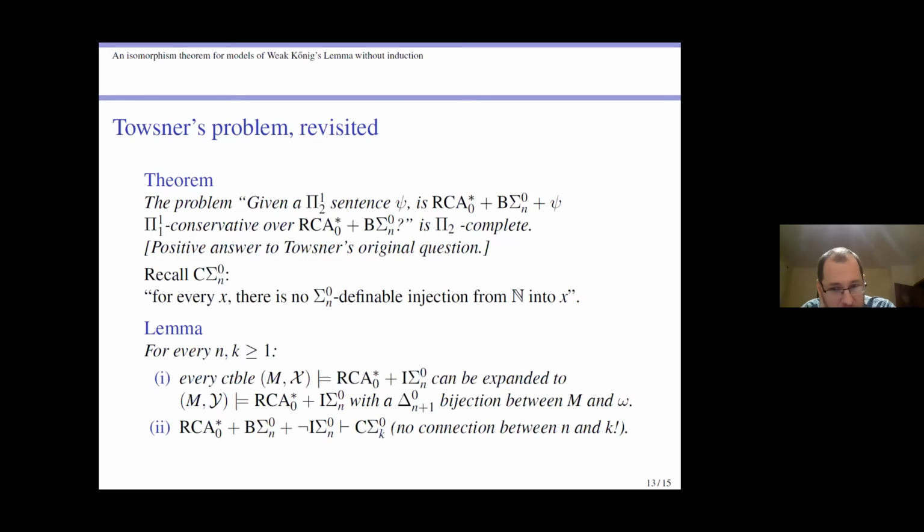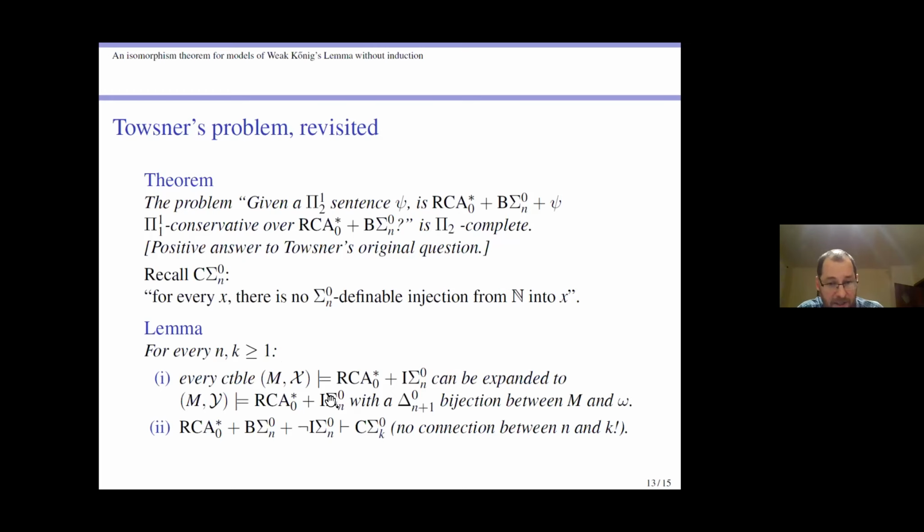And there are two interesting things about it. Namely, on the one hand, whenever you have a model of a certain amount of induction, you can expand it to a model that has the same amount of induction. This is always about countable models, sorry.